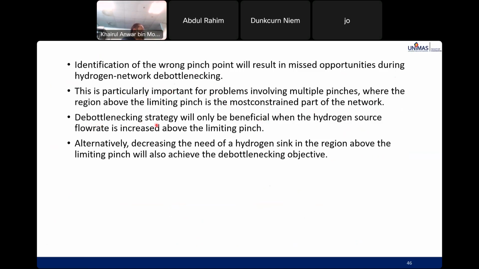The debottlenecking strategy will only be beneficial when the hydrogen source flow rate is increased above the limiting pinch. Alternatively, decreasing the need of hydrogen sinks in the region above the limiting pinch will also achieve the debottlenecking.